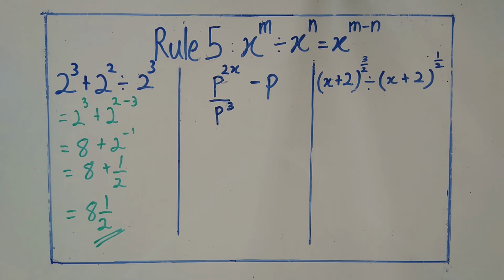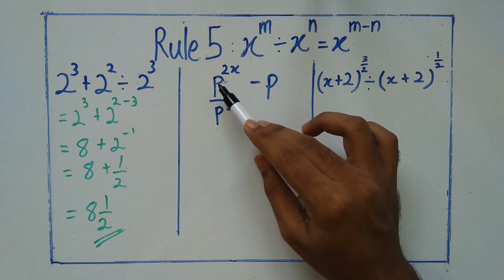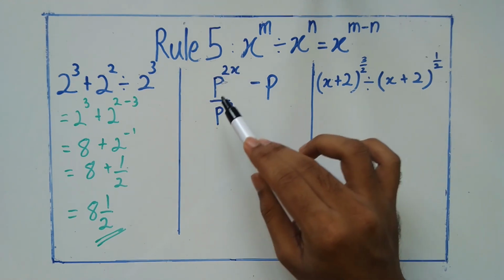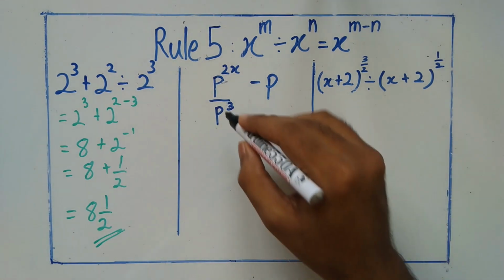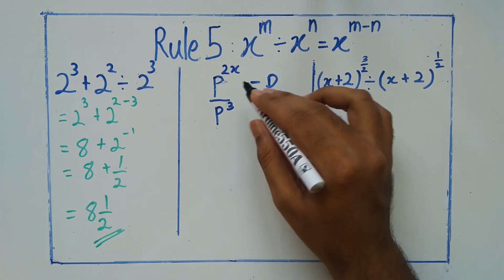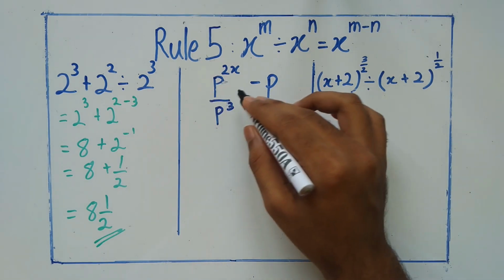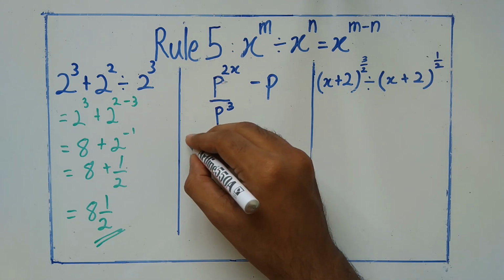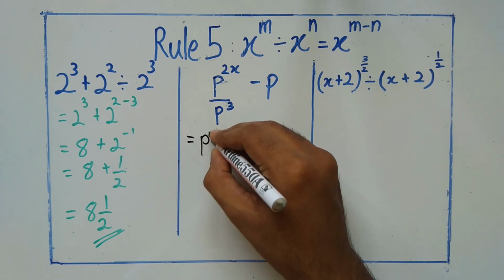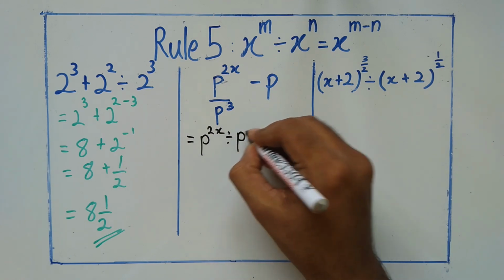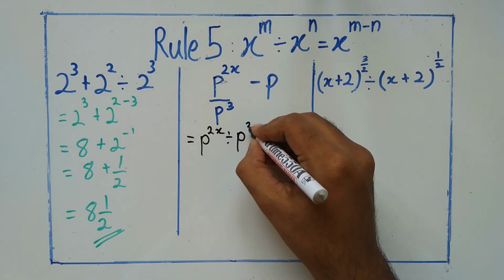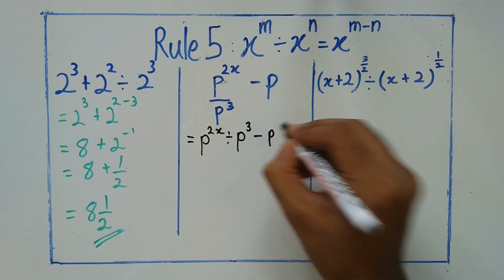In the second example, we have p to the power of 2x over p to the power of 3. We can convert this fraction into a linear function, where p to the power of 2x divided by p to the power of 3 minus p.